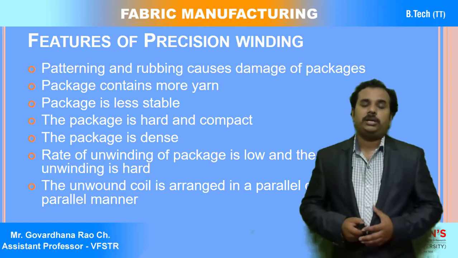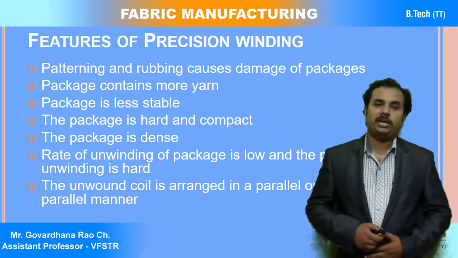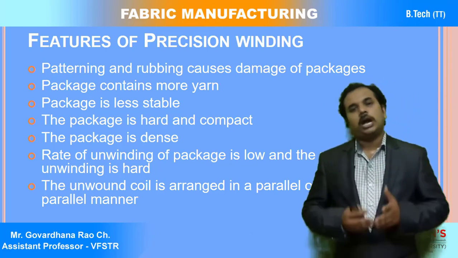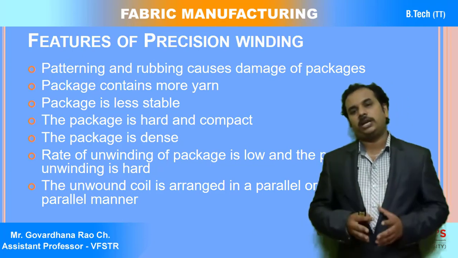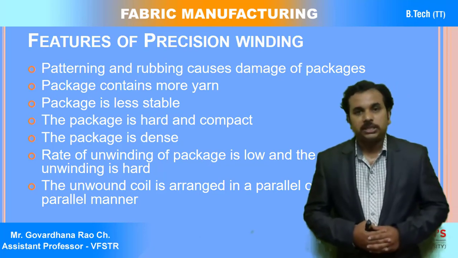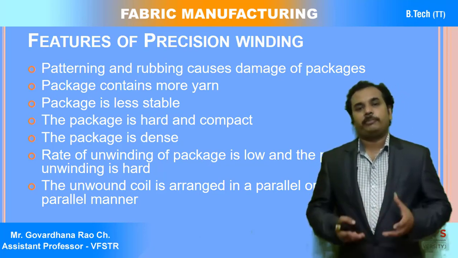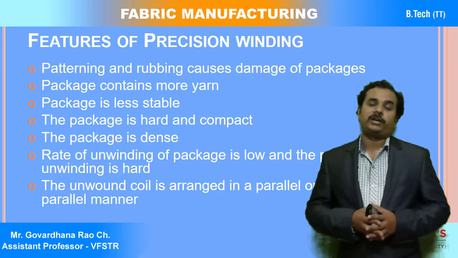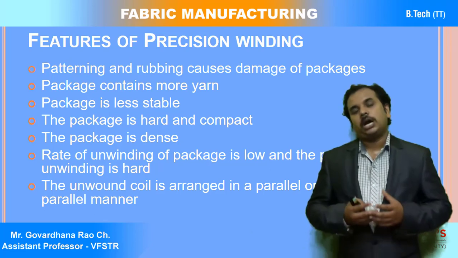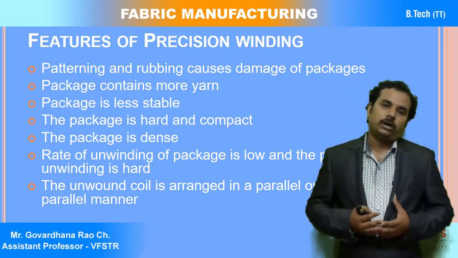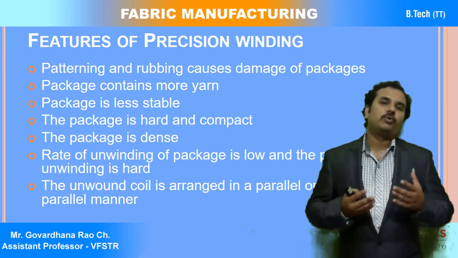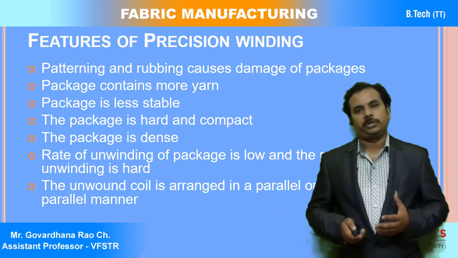For the weaving area we preferably use drum driven machines, and precision winding machines we specifically use for high speed or synthetic yarns and soft packages. If you want highly compact and fully cross wound packages for the warping machine and the weaving area, we go for drum driven winding machines.